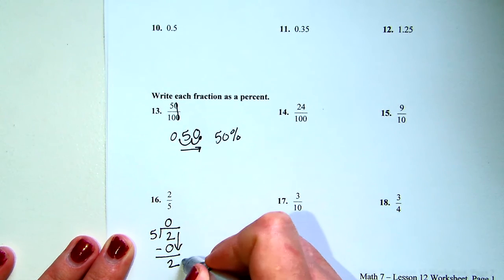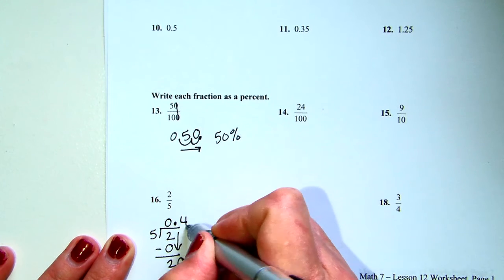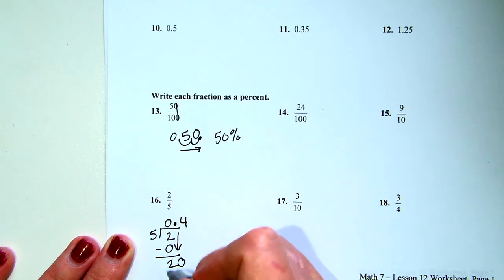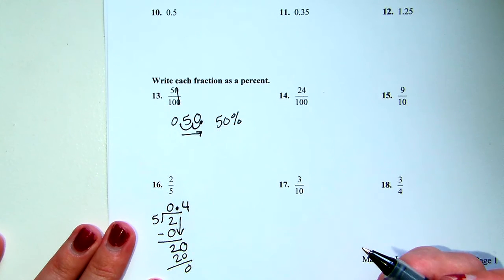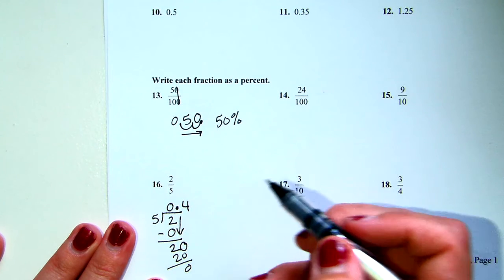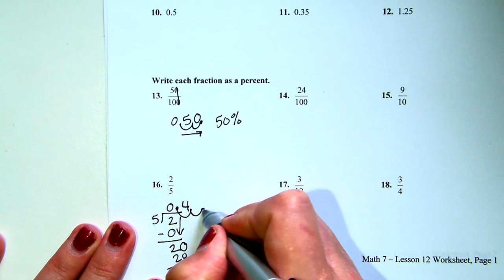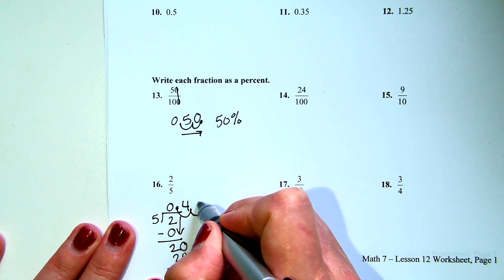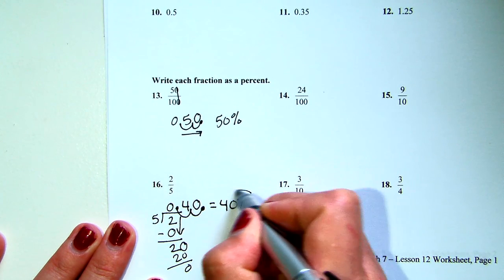So I'm going to put a decimal, and 5 can go into 20 4 times. So 5 times 4, that gives me 20. This clears out. So we get 0.4. Now we're going to need to move that decimal 2 places to the right. So I'm going to go 1, 2. We create that empty spot here, so let's fill it in, leaving us with 40% as our answer.